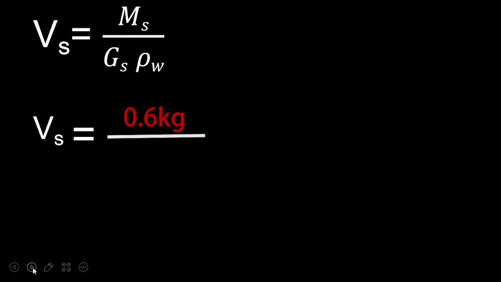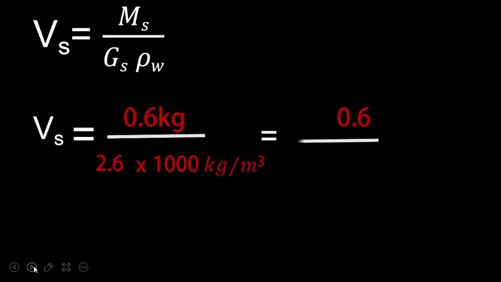Plug in the values into the formula. Vs equals ms, which is the mass of the dry sample, 0.6 kilogram, over 2.6 times 1000, which is the density of water. So 2.6 times 1000 is 2600.